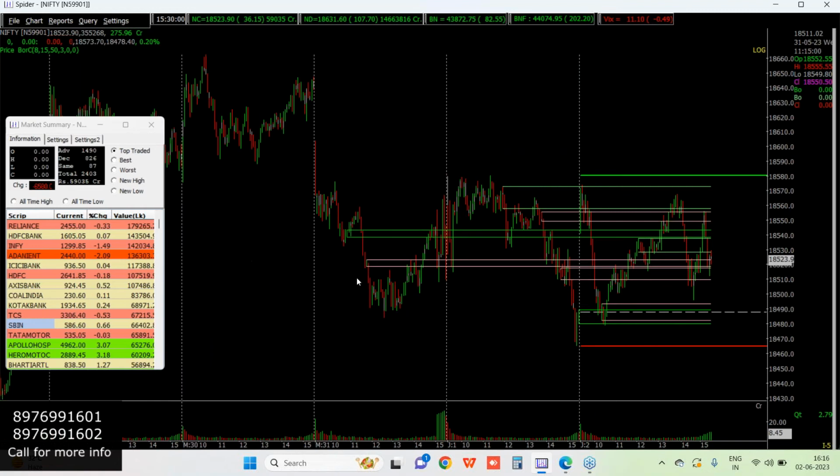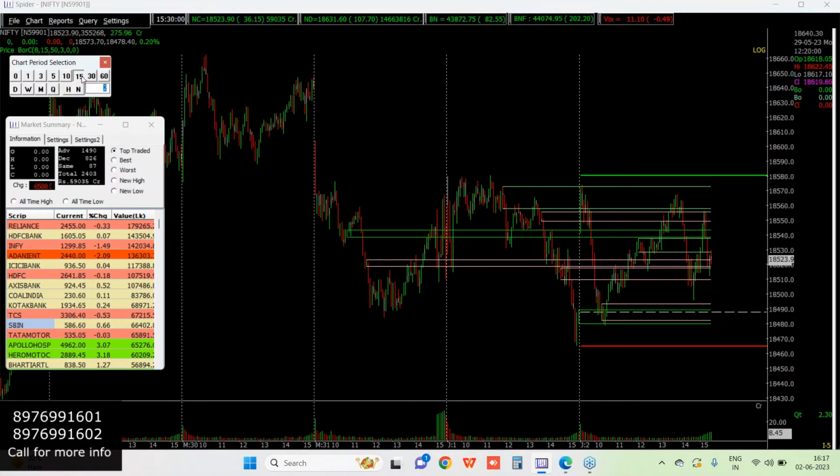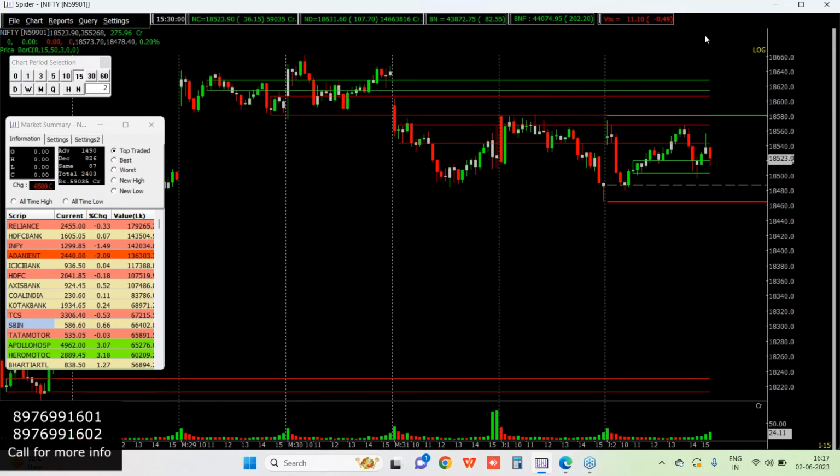Accordingly, this zone will show you the exact area where you can take a support or resistance. But for more clarity on these levels, I would suggest you go to the 15 minutes time frame. This will help you. Now you can see we got first, this is a green one. This is the zone.